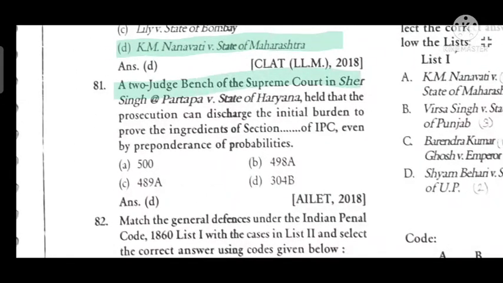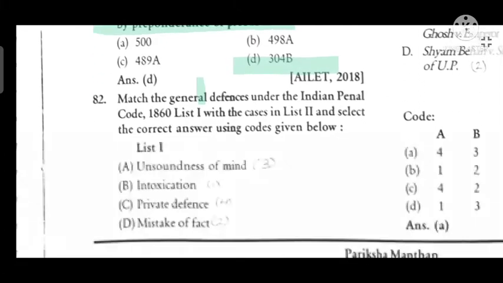A two-judge bench of the Supreme Court in Sher Singh Pratap versus State of Haryana held that the prosecution can discharge the initial burden of proof for the ingredients of Section 304B of IPC even by preponderance of probability.